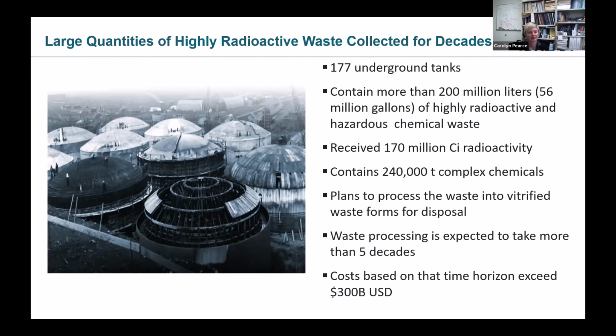We need to be able to remove the waste from the tanks, as it's currently present in a liquid form, and then process that into a solid waste form that can be disposed of. And so the plan is to process that waste into a vitrified waste form. I'll talk a little bit more about that later, and then dispose of the waste in a safe manner. This whole process is expected to take about 50 years and cost about $300 billion US.